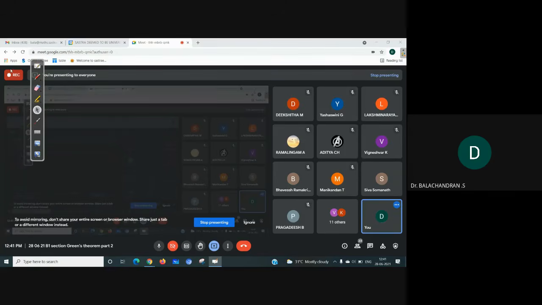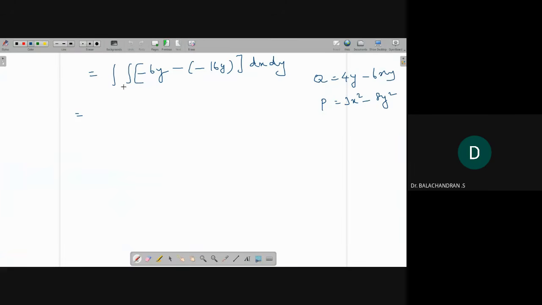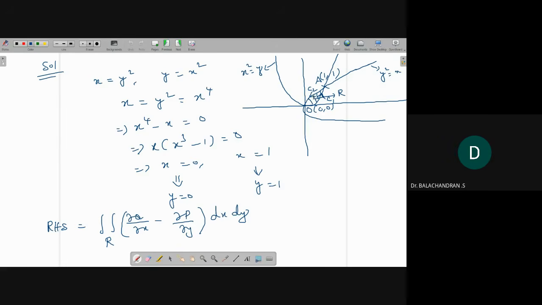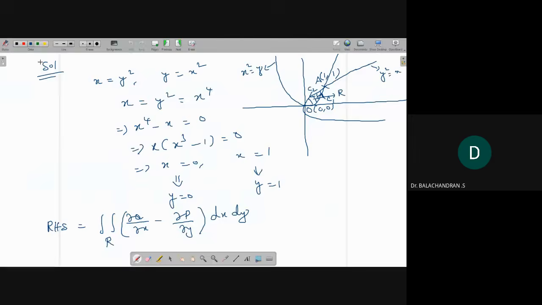What about the limits? Can you tell the limits? How to find the limits here for x and y? Anybody knows how to find? 0 to root x, sir. 0 to root x. Is it correct?